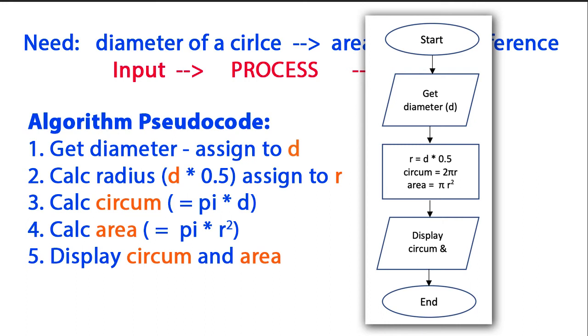Our process is always a rectangle, and once we get the input and assign it to d, we can calculate the radius, the circumference, and the area using those formulas. Then we have a parallelogram again for output. In this case, we're displaying the circumference and the area. And then finally, that's the end of our algorithm, so we have another oval for ending. And of course, we have other shapes such as diamonds for making decisions. But that's the process we would go through in deciding how this thing is going to work.